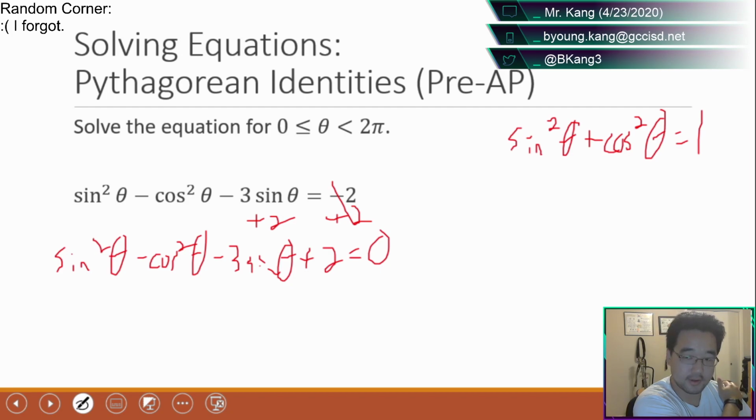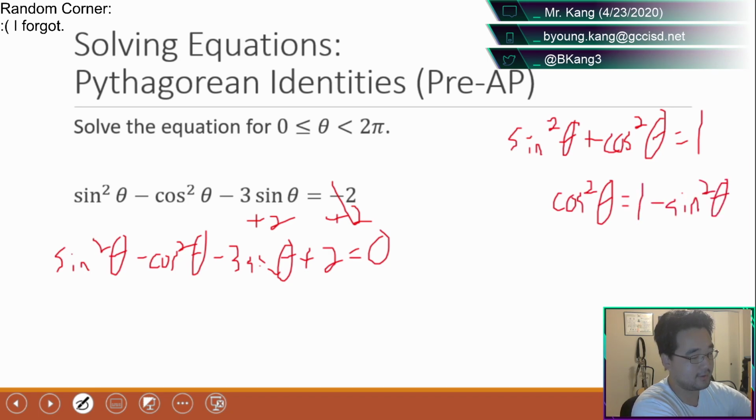And that's the reason why this identity was true. So here's our magic identity. Well, you notice how there's 2 sines in the problem and 1 cosine in the problem. So what if I could just magically change cosine squared into sine squared? Well, you can, because take this equation, subtract the sine squared over, cosine squared equals 1 minus sine squared, and guess what? That gives me something to substitute into there.